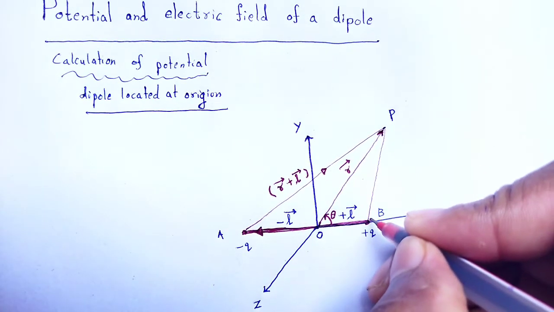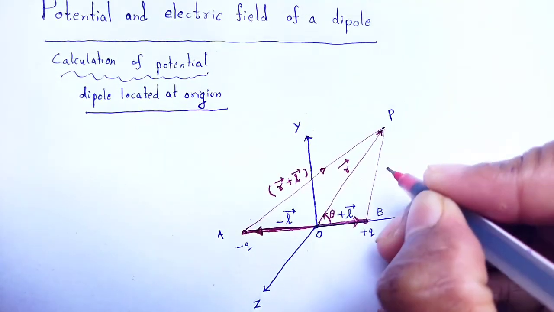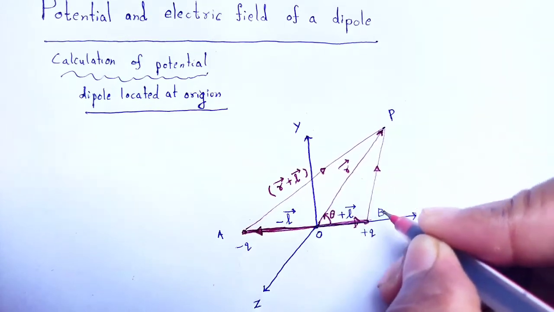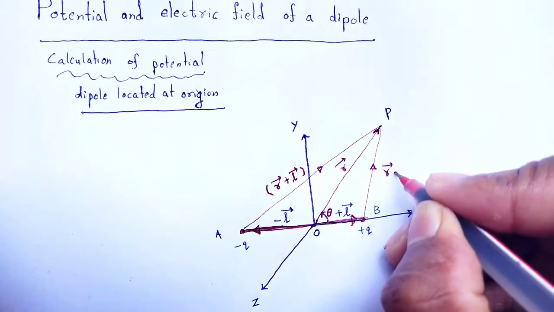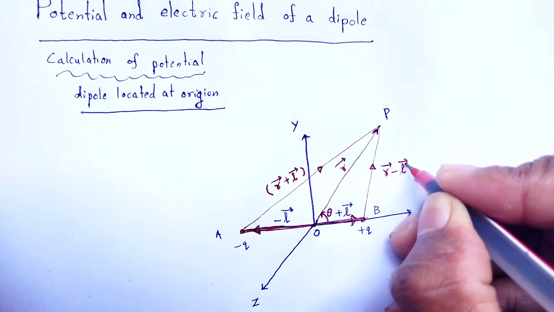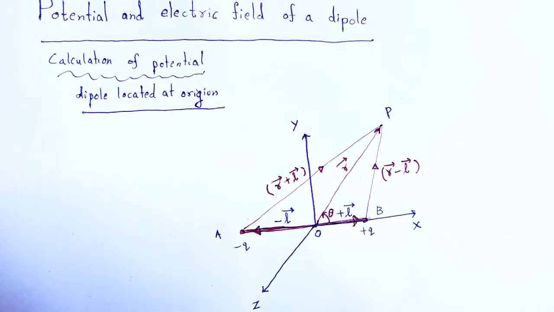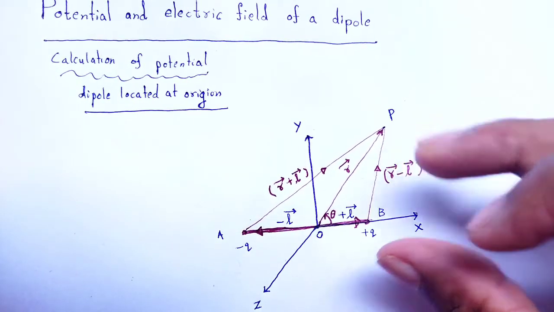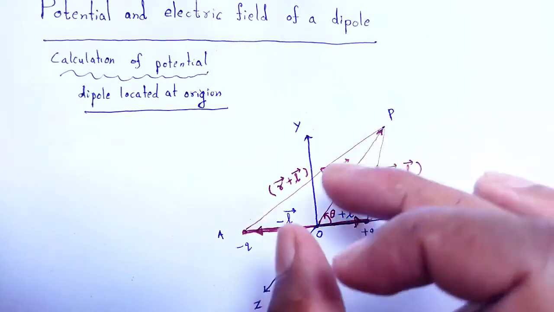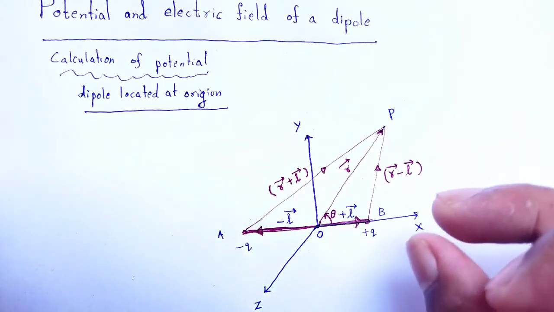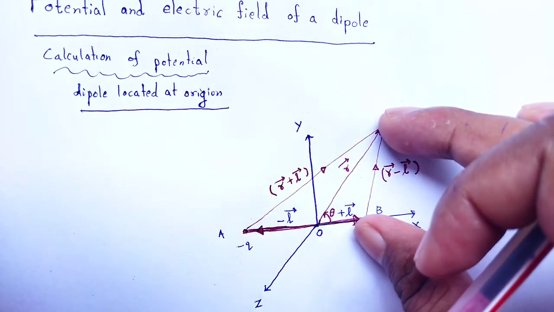So, the resultant BP is equal to r vector minus l vector. Okay. Now, we have AP equal to r vector plus l vector, BP equal to r vector minus l vector.